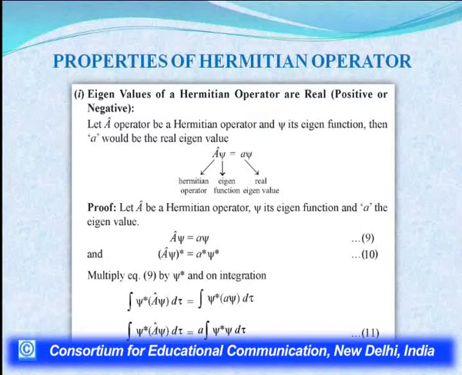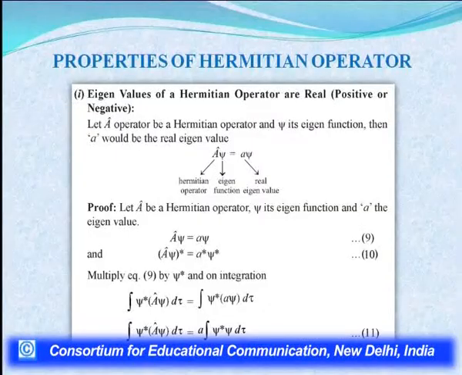It simply means that it follows the eigenvalue equation, and the eigenvalue which is obtained is real. It is not imaginary. It may be positive or negative, but real means it doesn't contain iota in it. Iota makes a thing imaginary.